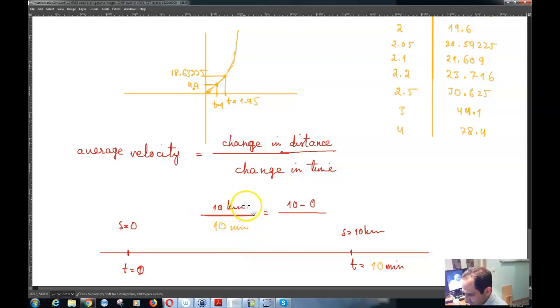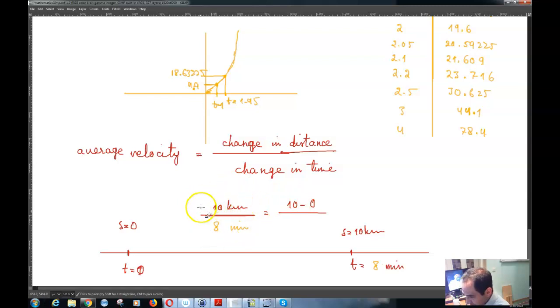So in 8 minutes, it's covered the distance of 10 kilometers. Then you can say that the average velocity of the car during this trip was 10 kilometers in 8 minutes. Or you can simplify this to 5/4 kilometers per minute, meaning that in every 4 minutes, it's covered the distance of 5 kilometers.